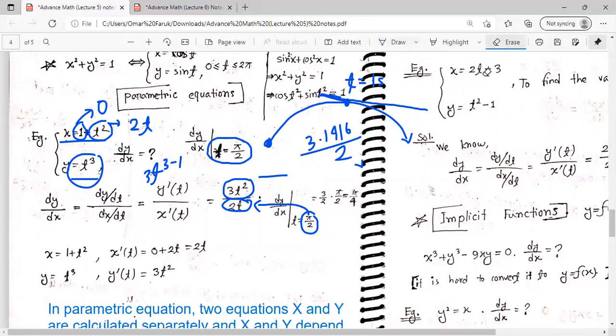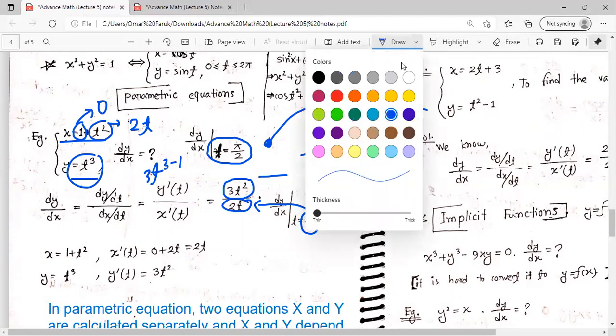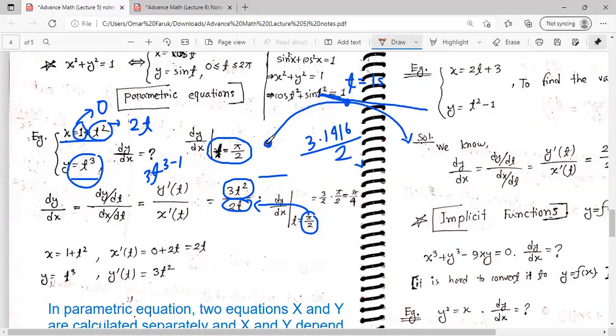So for example, our ball is going this way, and we have to find the change of this ball in this position. So we just find the derivative here. So this is the value of our derivative.